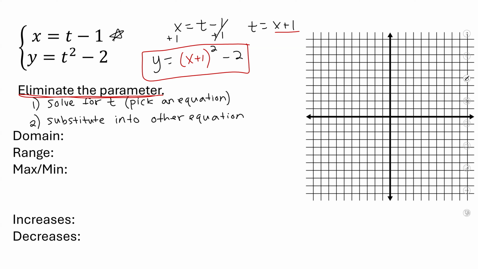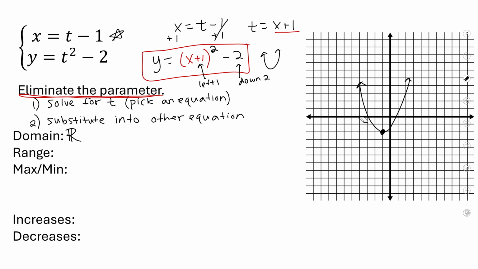So guys, my new equation is a quadratic, so I know it's going to look something like this. That means your domain is all real numbers. I can tell from my knowledge of transformations that this went left 1 and down 2. So left 1, down 2, that's my vertex. I know it's going to face up.